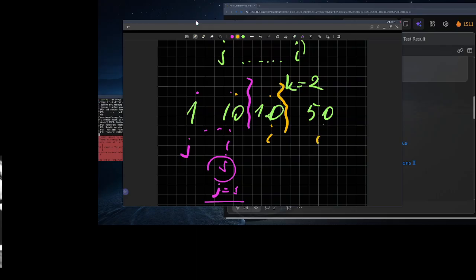And when we move i to the 50, we again look at j, which is 10, and 50 doesn't match, so we increment j, j equals 2, and this is the answer of how many we should remove.